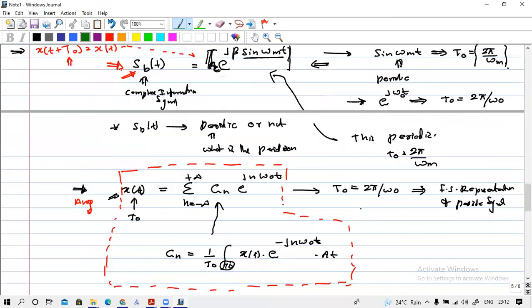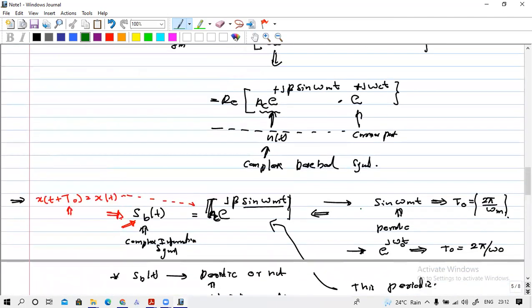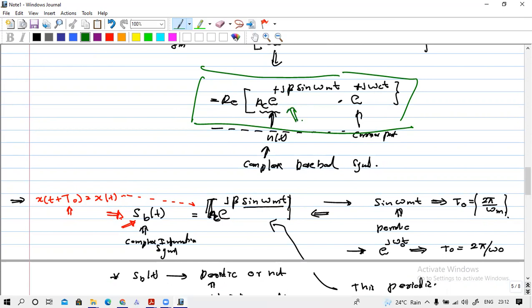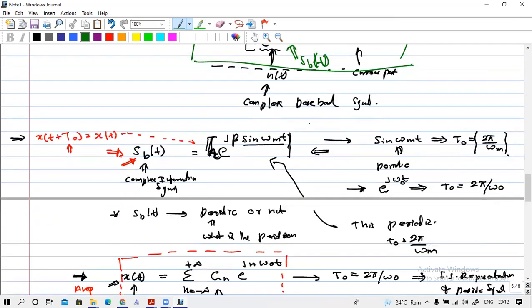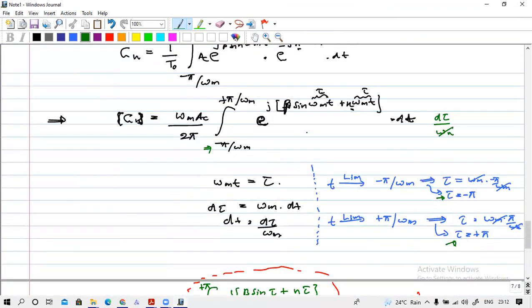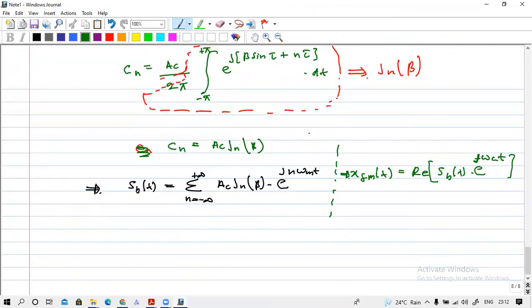This AC e to the power j beta sine omega m t is simply our baseband complex signal s(t).